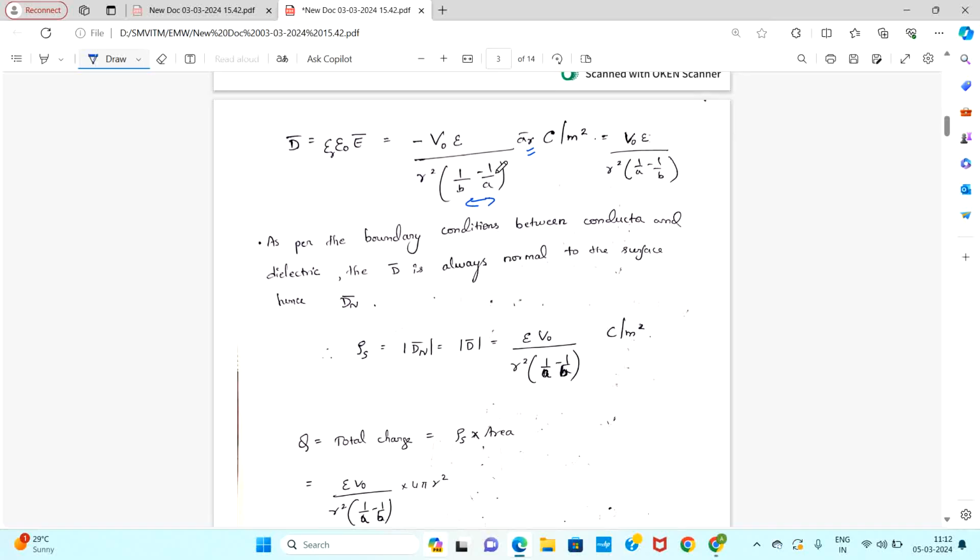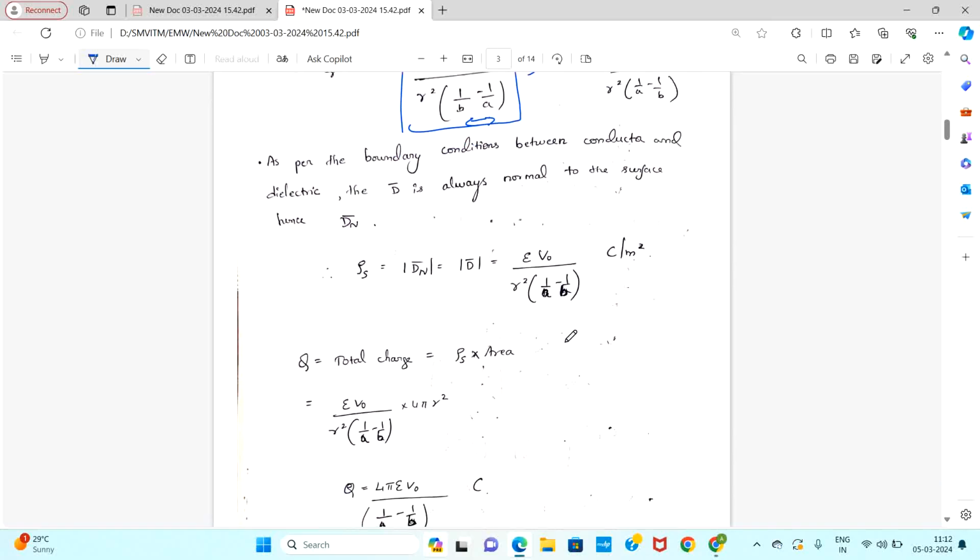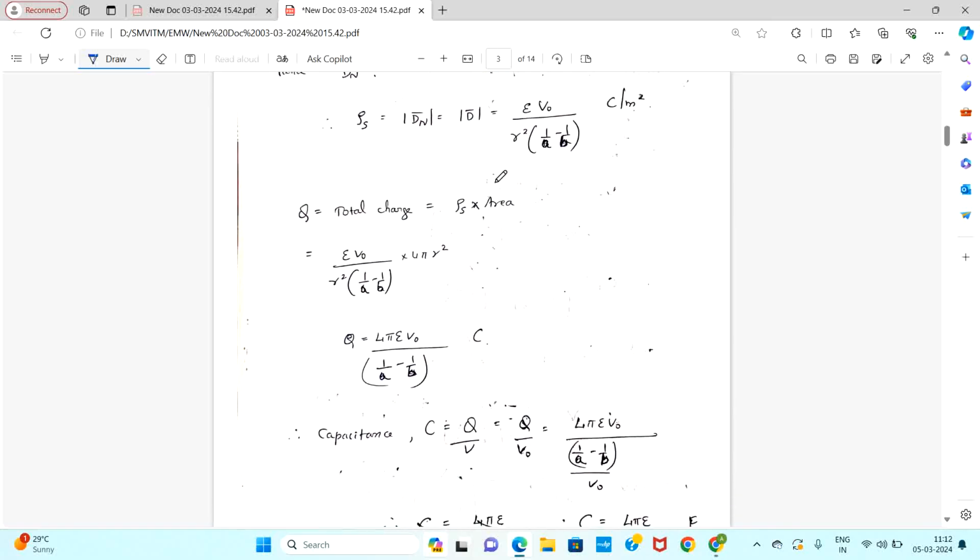Right? Minus of 1 by B minus 1 by A becomes 1 by A minus 1 by B. Okay, so just take the magnitude. Only this portion should be considered for rho s. And this rho s now can be multiplied with the area of the given system. That will give you the charge value.